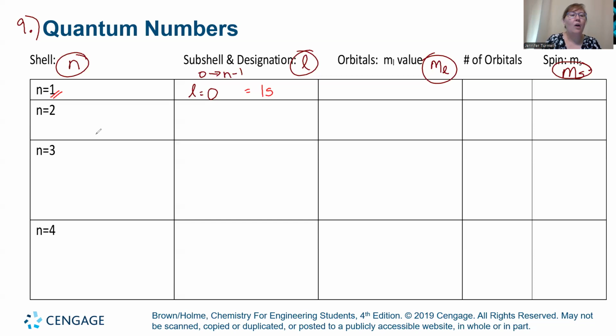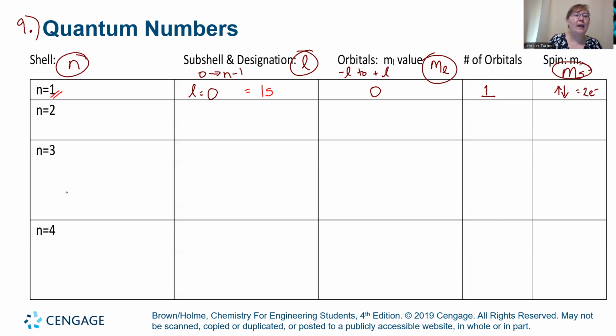Now, our m sub l value is from negative l to positive l, but when l is 0, we only have one possible value. That means that we just have one orbital, and we could write our electrons like this, spin up, spin down, and that gives us 2 electrons.